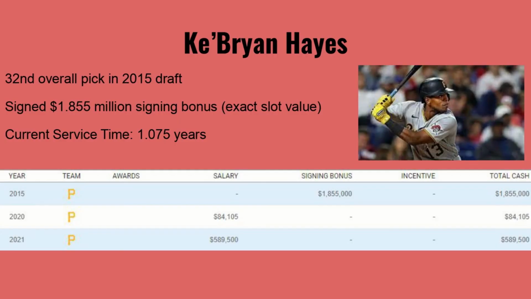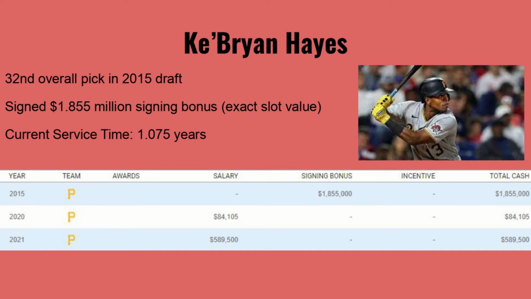So we'll talk about what's happening for Ke'Bryan Hayes and what it means to his team, the Pittsburgh Pirates. In 2015, we see the signing bonus that Ke'Bryan Hayes signed with for his draft year. In 2020, the $84,000 that he earned.